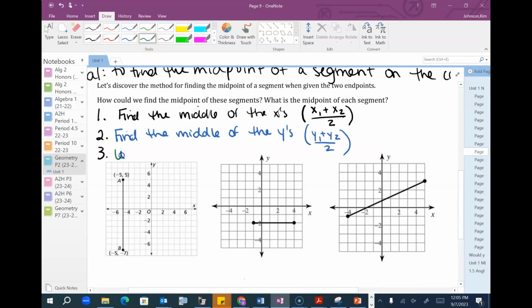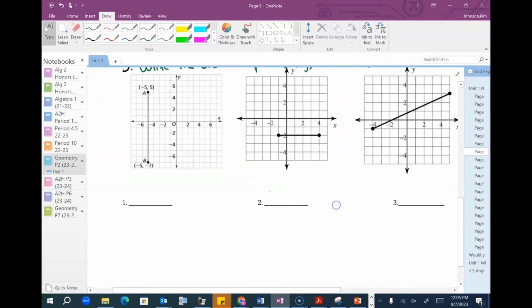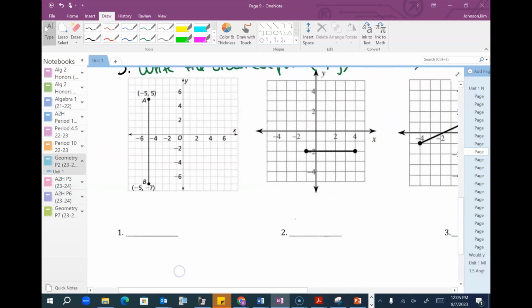And then last but not least, we're going to write the ordered pair. The ordered pair is going to be what we got from number 1 and number 2 written as x comma y. So what we get from step 1 is what we put in the first spot of our ordered pair, and what we get from step 2 is what we put in the second spot of our ordered pair. Okay, so let's try that with this particular segment A to B.